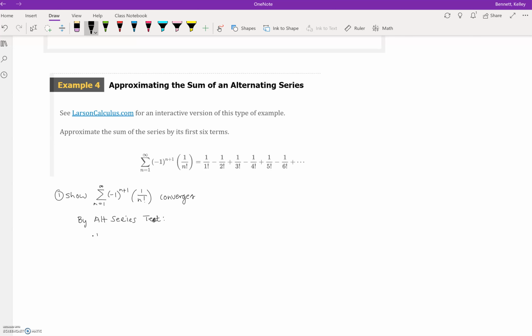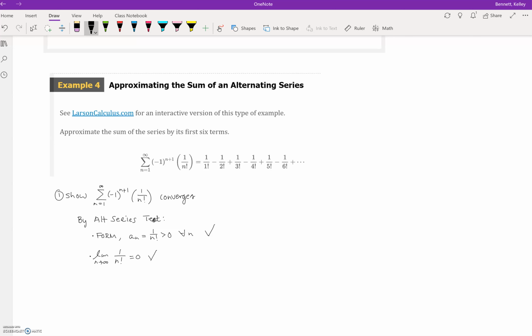We have the form, right? It's in the form of an alternating series, and a sub n equals 1 over n factorial, which is positive for all n. The next thing we need to do is take the limit as n goes to infinity of 1 over n factorial, and that's equal to 0.